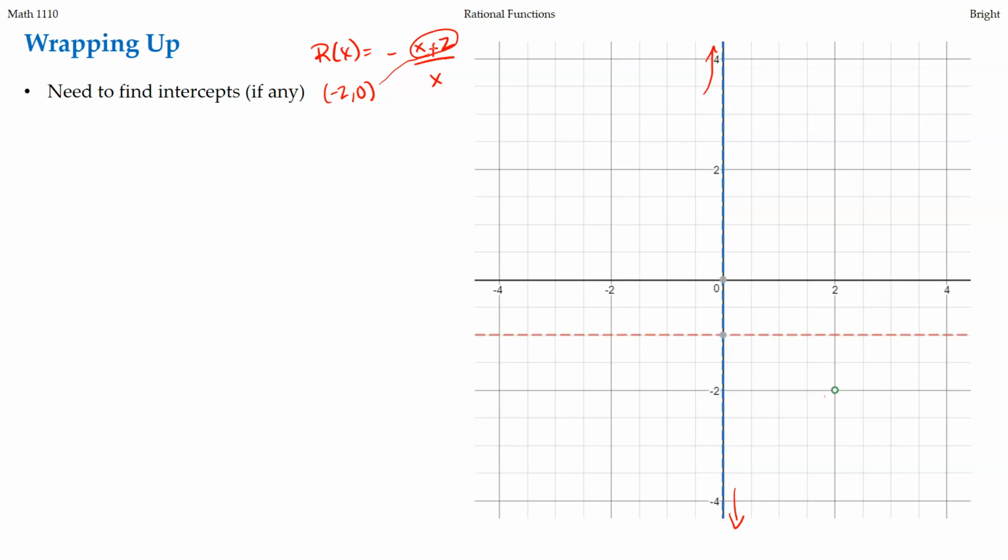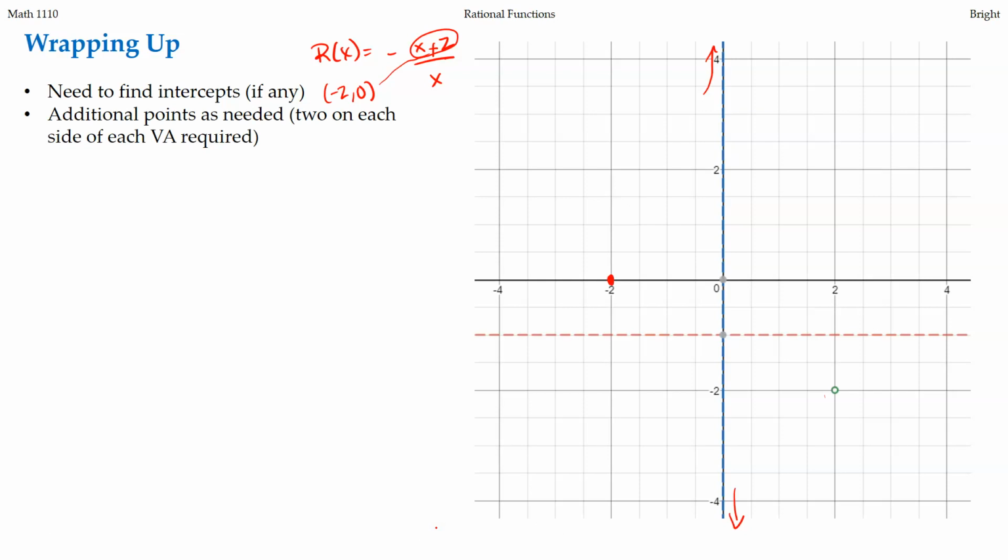You could find the y-intercept if you wanted to, but that would require x to be 0, and if you let x be 0, bad things happen here. Divide by 0. Can't have that. So I end up getting negative 2, 0.